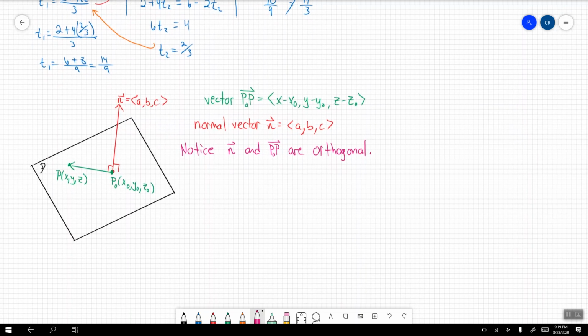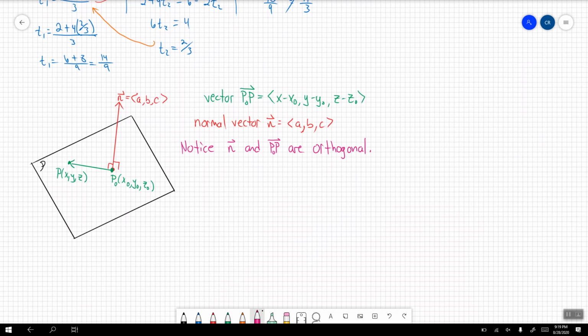But now the question is, what do we know about orthogonal vectors? Well, if you think back to section 12.3, when we were dealing with dot products, we know something very specific about the dot product of two orthogonal vectors.